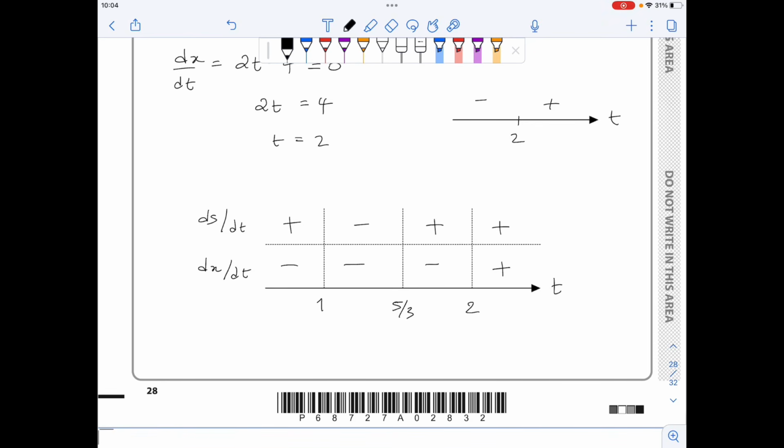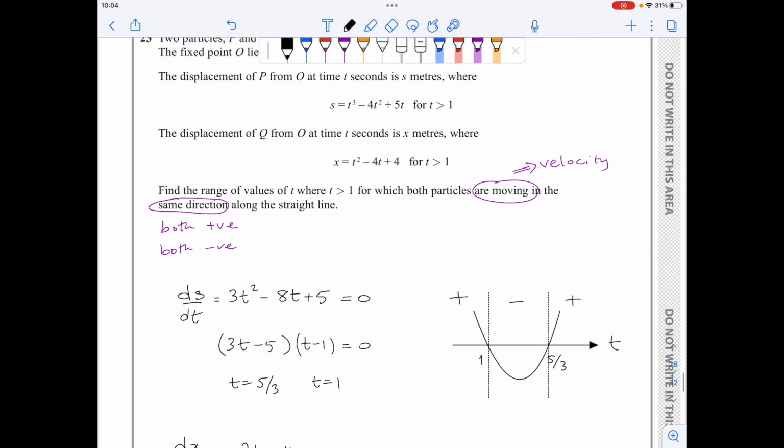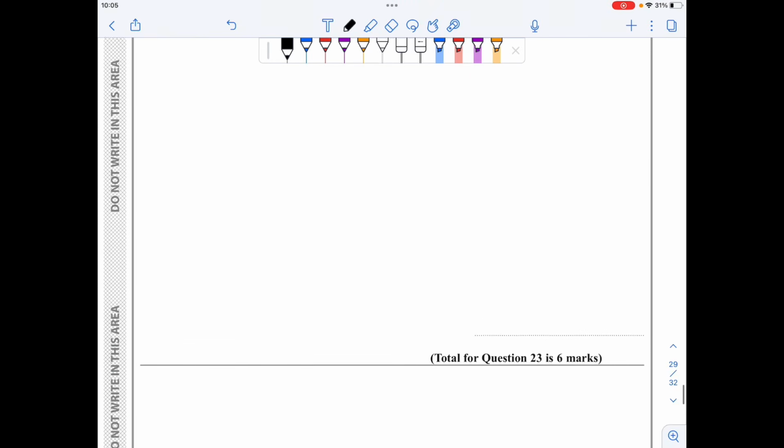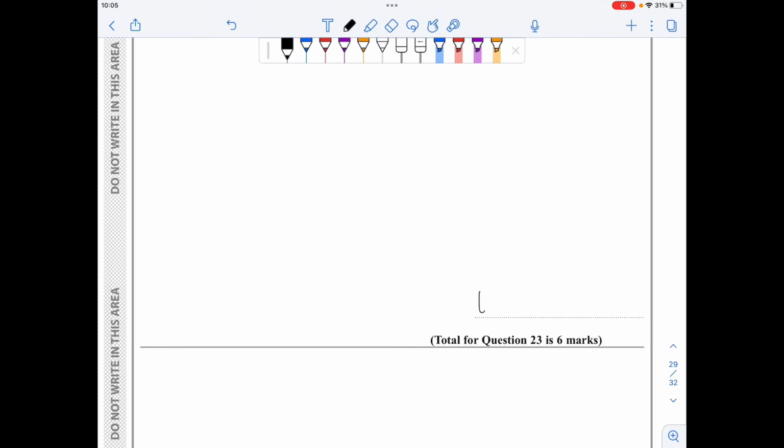So, if I go back again, I need both to be positive or both to be negative, and this happens between 1 and 5/3 or for t bigger than 2. So final solution, t is between 1 and 5/3 or t is bigger than 2.